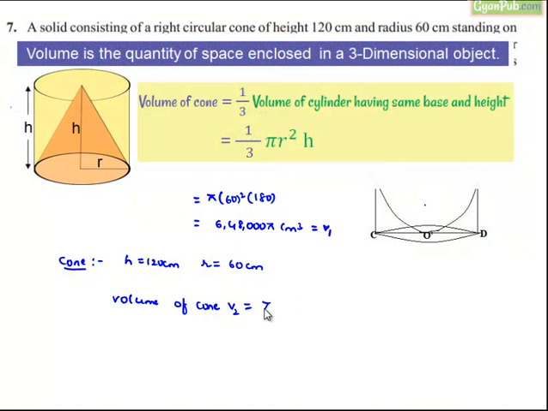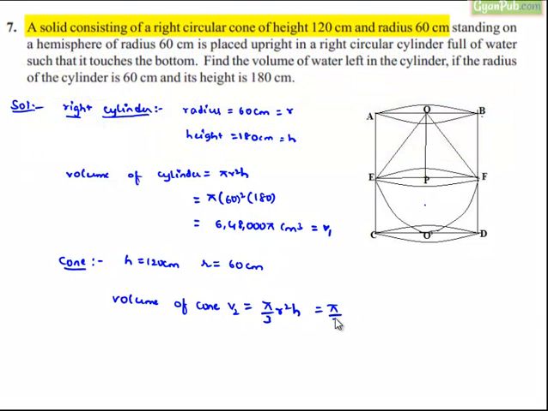V2 is equal to pi by 3 r square h, which is equal to pi by 3 times 60 into 60 into 120, which is equal to 1,44,000 pi centimeter cube.